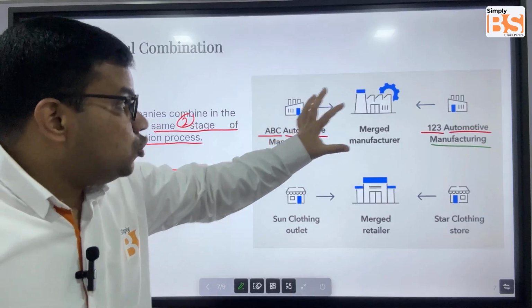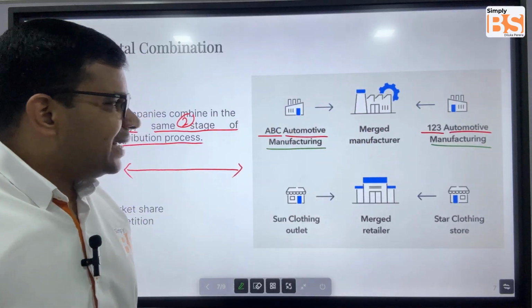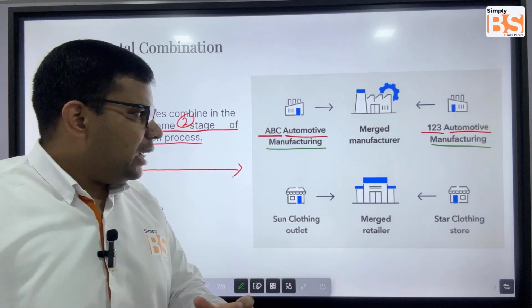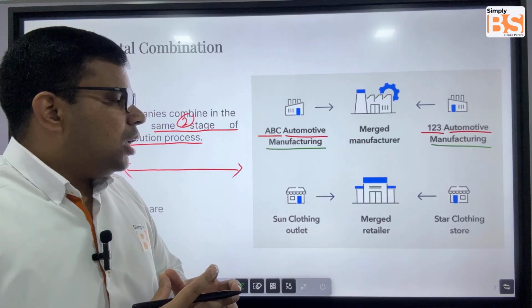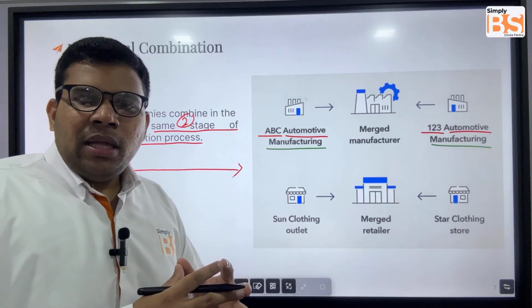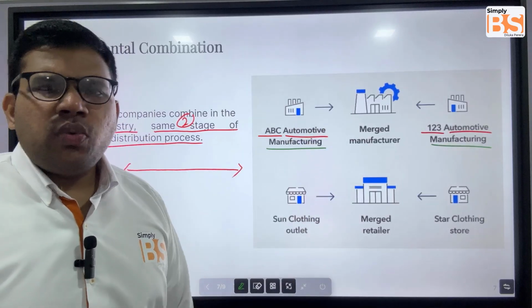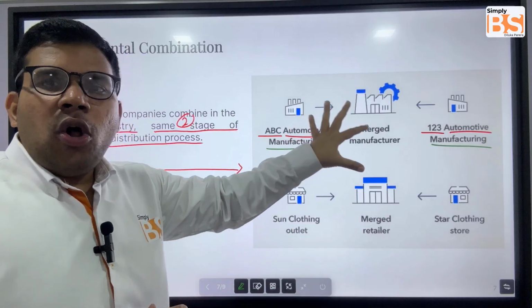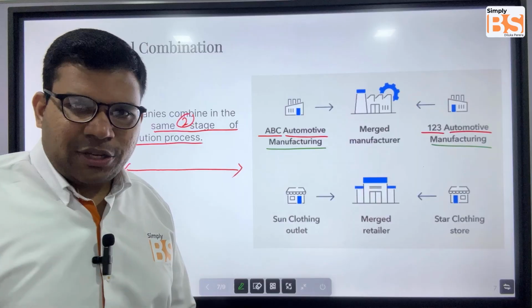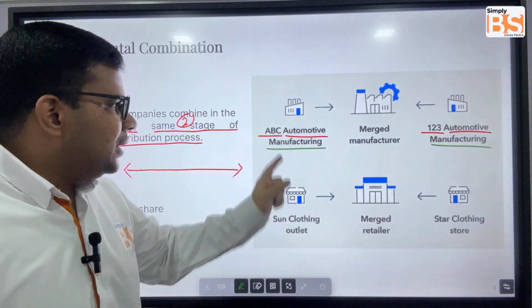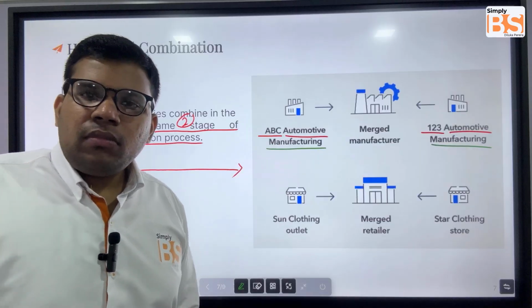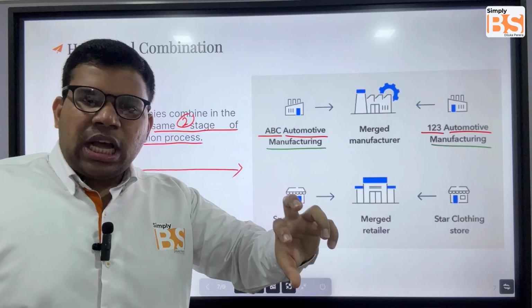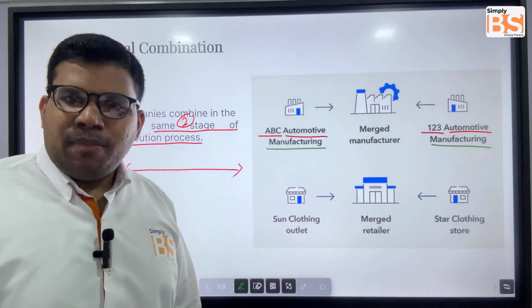Now, if ABC Automotive and 123 Automotive combine together either through a merger or an acquisition, we can call this a horizontal combination. Why? Same industry and same activity in the production and distribution process.